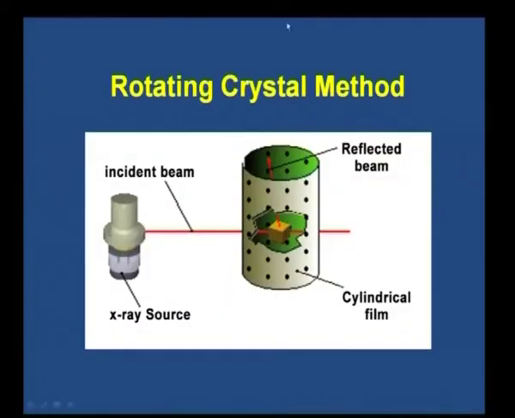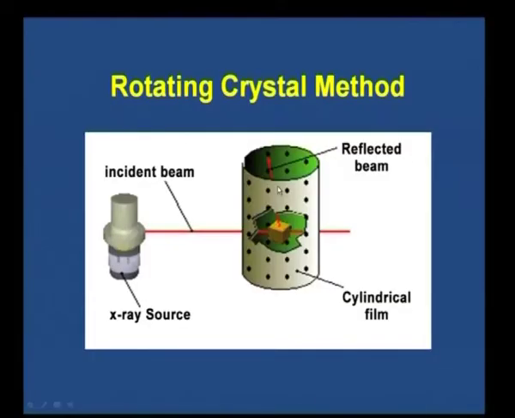The crystal is kept here and it will be rotated in this direction, and various crystalline planes will come in the direction. The incident beam will meet various crystalline planes depending upon the angle at which the incident beam meets the crystalline plane.